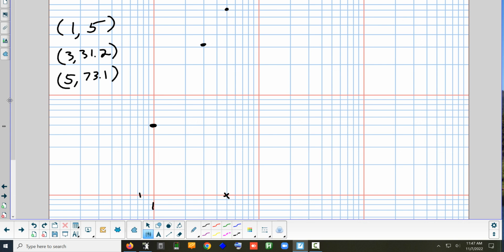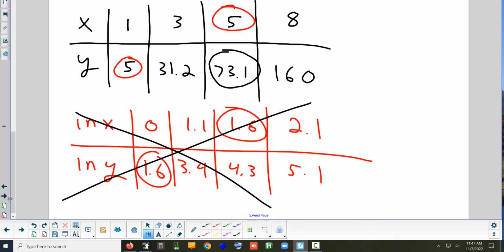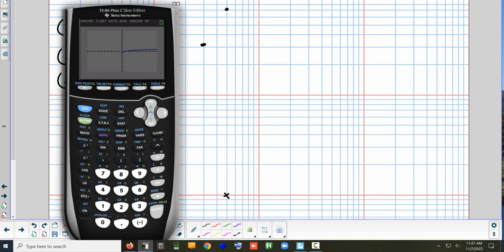So there's two ways to do it. Keep your points the same and change your graph paper, or keep your graph paper the same and change all your points. Either way. I usually change my points to do the test because I'm not as familiar with logarithmic graph paper, and I usually don't have it on hand. Regular graph paper I have, and I can use the calculator. You can't do logarithmic graphing that I know of on this calculator, like with the logarithmic graph paper.